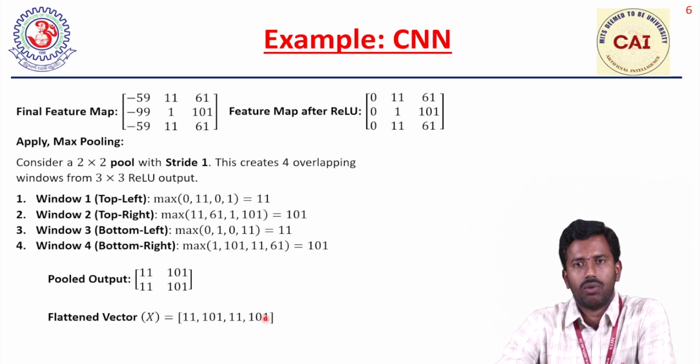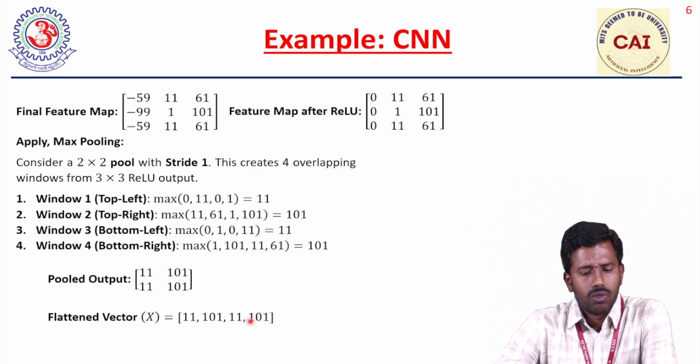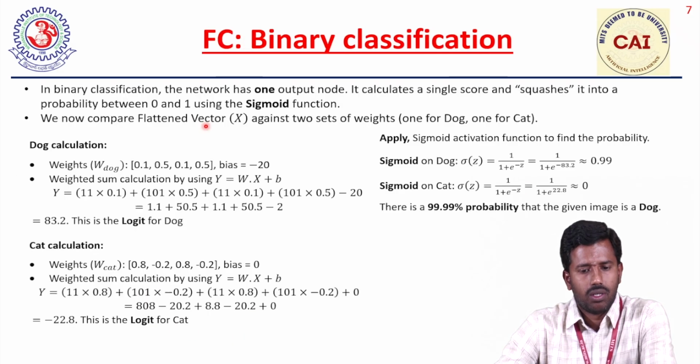These values will be given for the final classification, along with the weights, for calculating the final predicted value by applying a binary classification activation function like sigmoid, or a multi-class activation function like softmax. So this is the final vector: 11, 101, 11, and 102. By considering this, we are going to see the classification part.